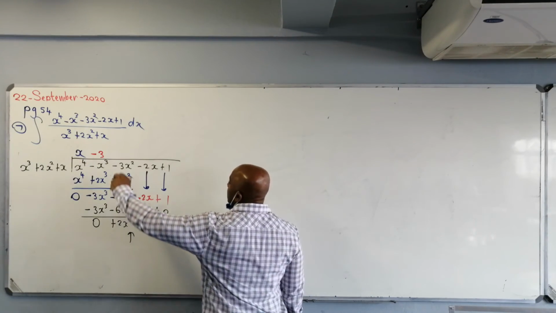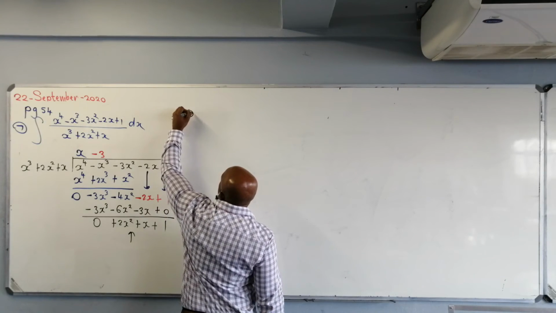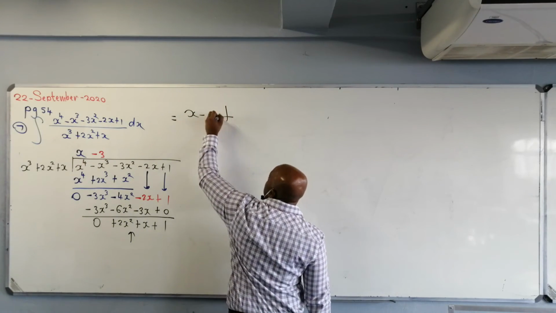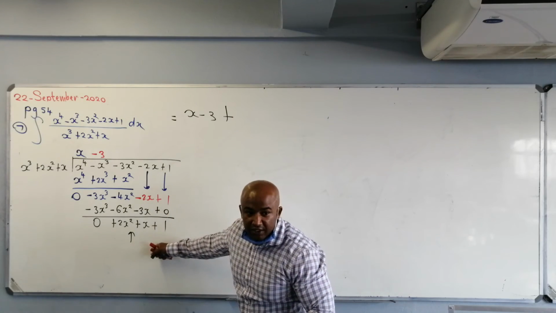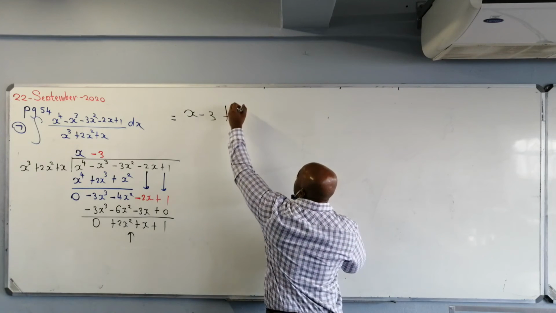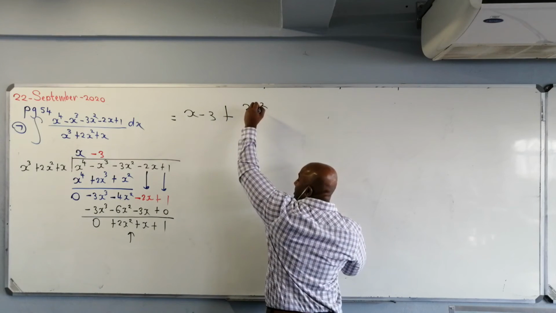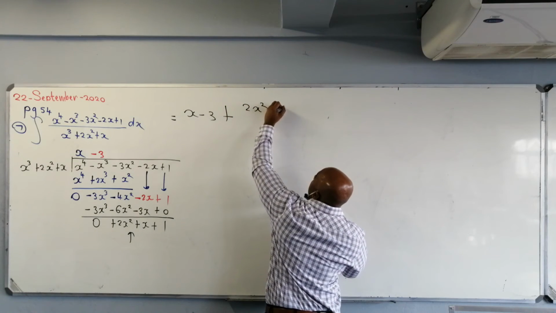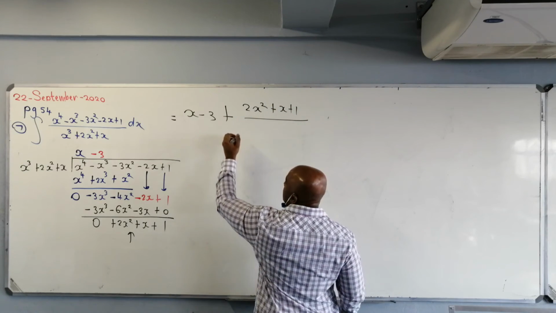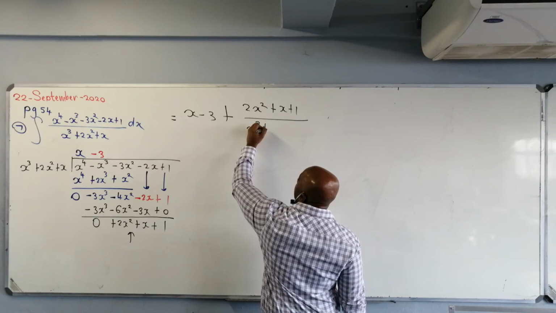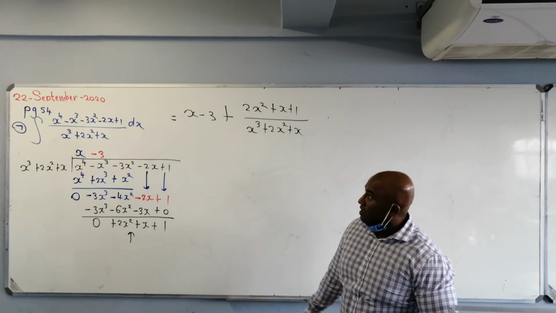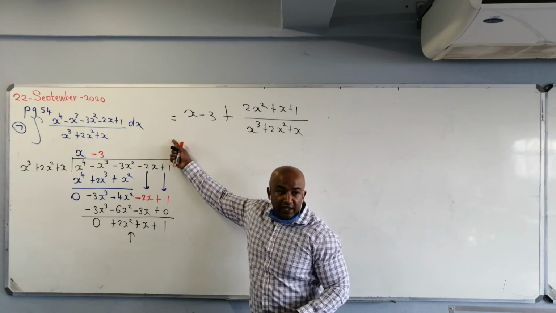So this is now equal to x minus 3, which was this part here, plus the remainder all over the divisor. So the remainder is 2x squared plus x plus 1 all over the divisor, which was x cubed plus 2x squared plus x. So this we will deal with at the end.